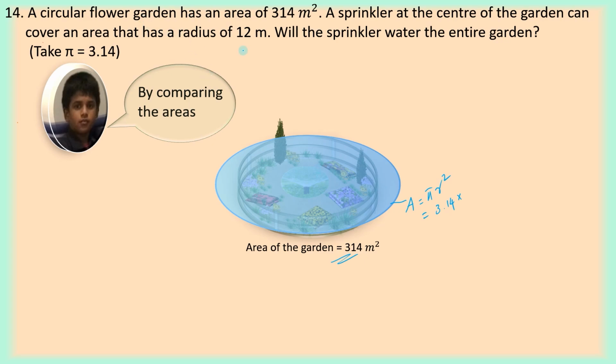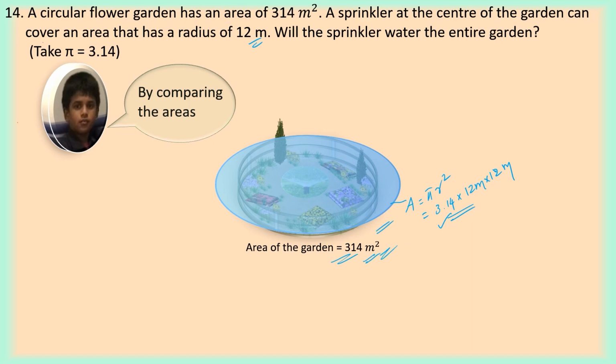It is given, radius is 12 meters. So 12 meters into 12 meters. Doing this, we will get the area that can be covered by the sprinkler. And if this area is equal or greater than the area of the garden, the sprinkler will water the entire garden.